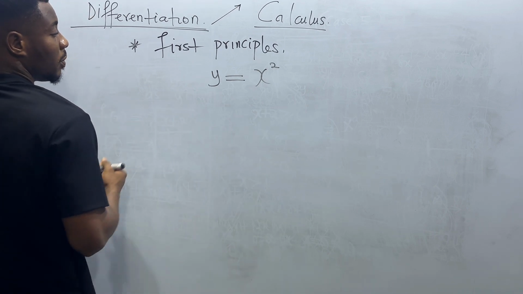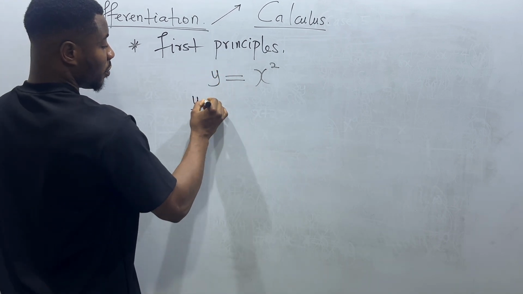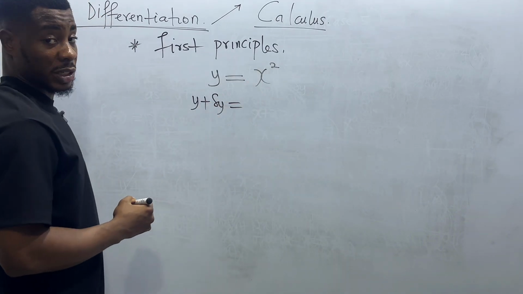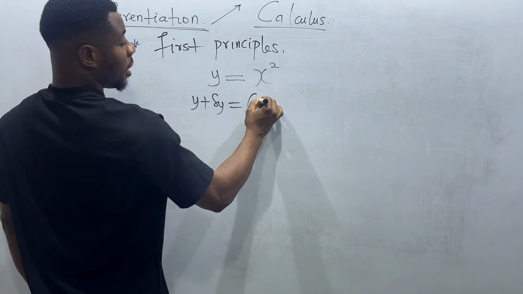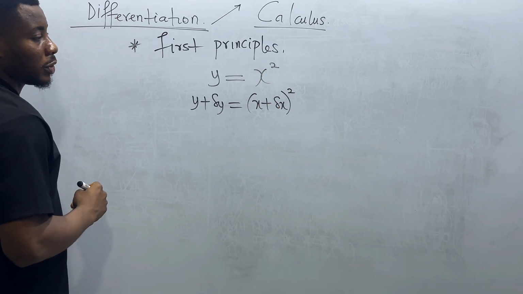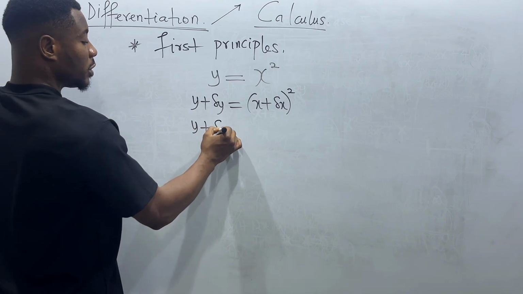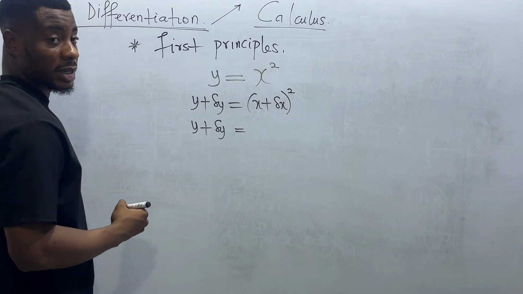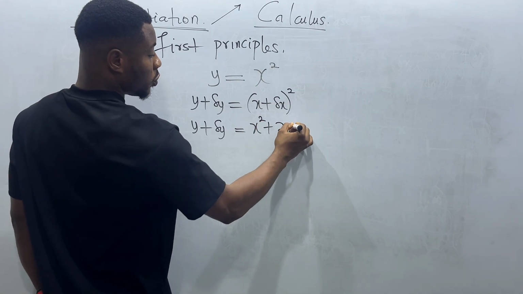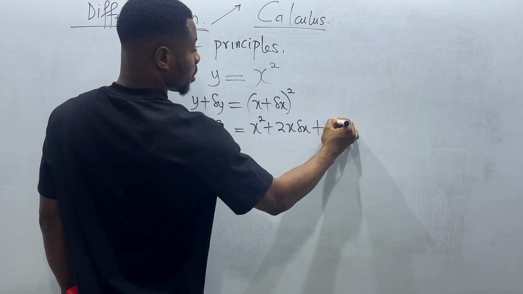We increase y by change in y, so we have y plus change in y. We're going to increase x by change in x again, so we have x plus change in x, but there's a squared. So the next thing I'll do here is this. It becomes y plus change in y is equal to, if I expand this, x squared plus 2x change in x plus change in x squared.